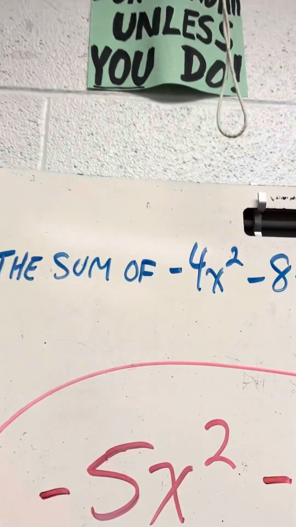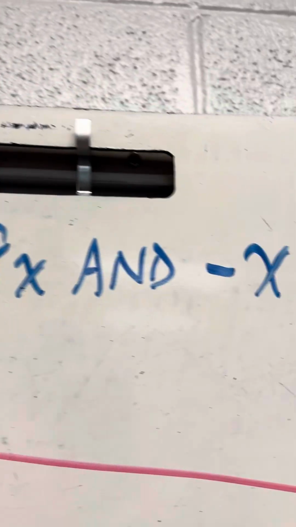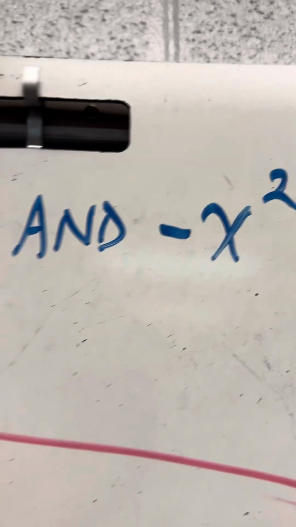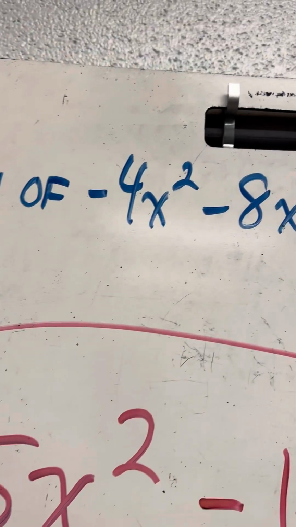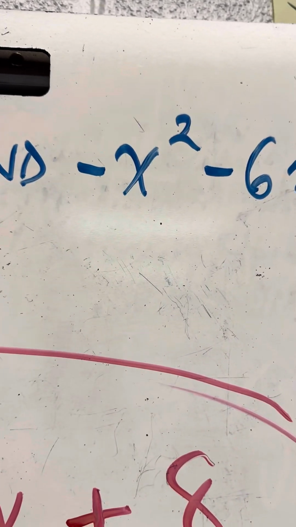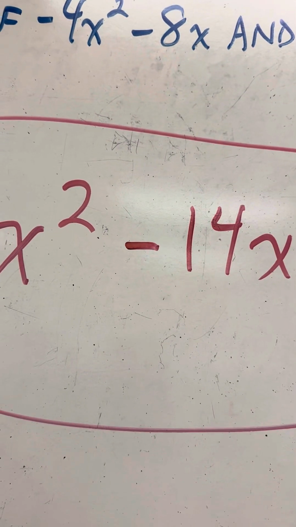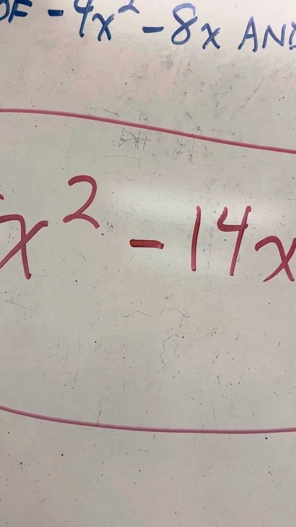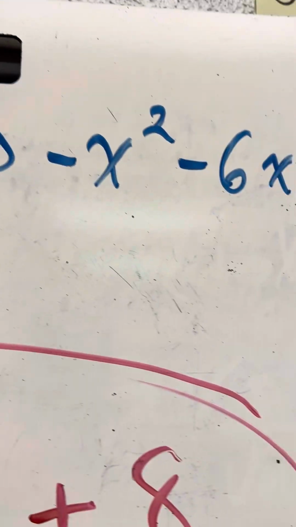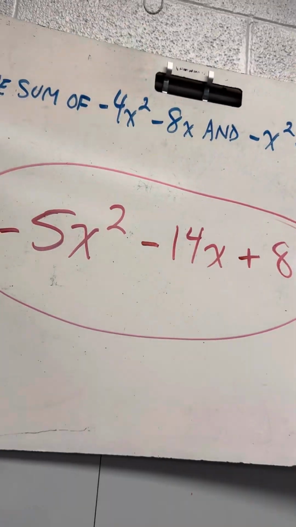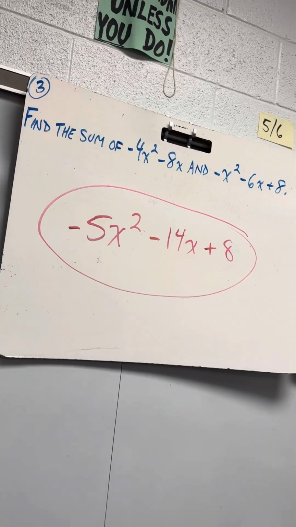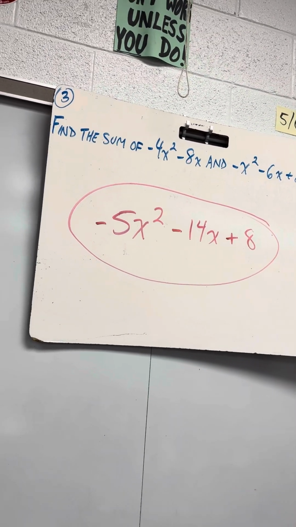So negative 4x squared and negative x squared is negative 5x squared. Negative 8x and negative 6x is negative 14x. There's no number to go with positive 8 plus 8, so I just write plus 8 and I'm done. And there it is.